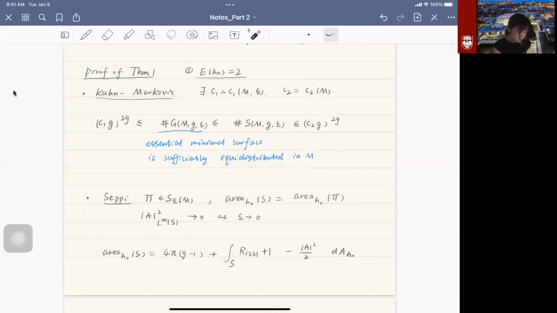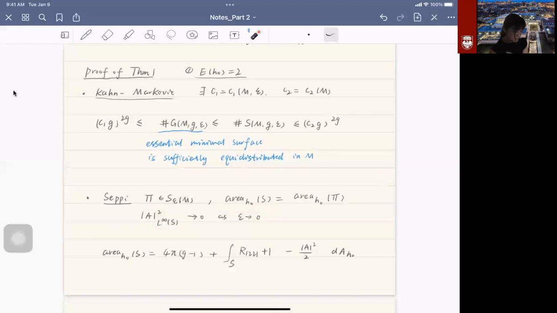He proved that if we take a surface subgroup pi in S_epsilon of M, and we let S be the area minimizing surface in the homotopy class of pi, then the theorem says that the principal curvatures on S go to 0 as epsilon goes to 0.